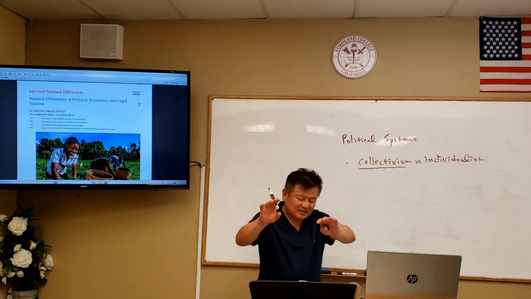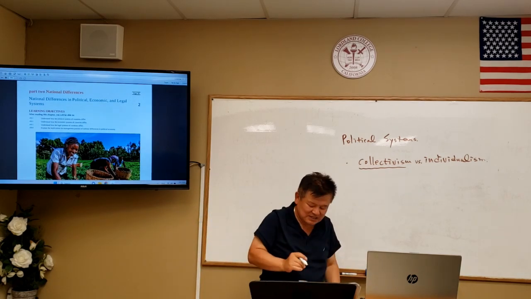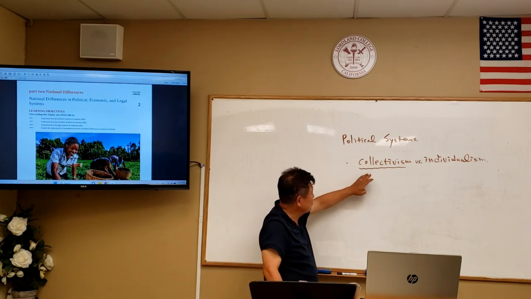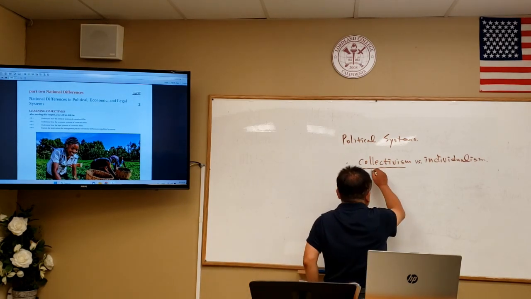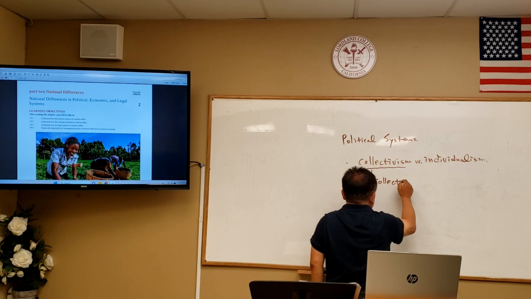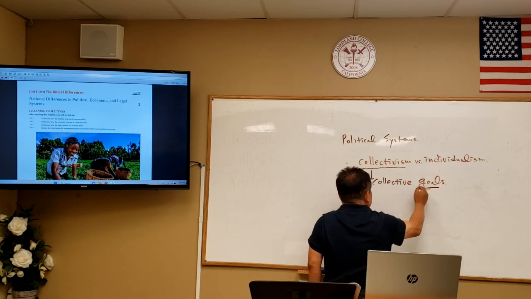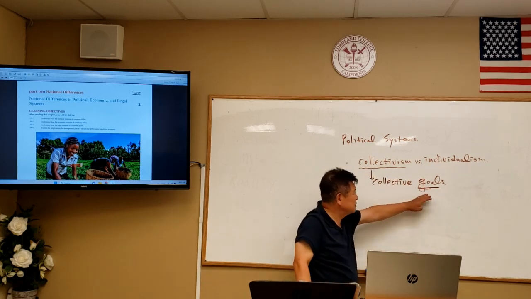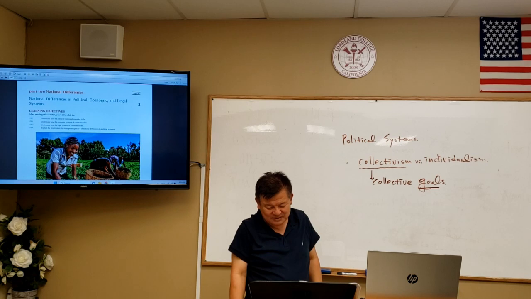Each individual wants or needs or pursues their own goals, but collectivism focuses on collective goals rather than individual goals. So most people want that, most people need goals, and we follow them. This is collectivism. When collectivism is emphasized, the needs of society as a whole are generally viewed as more important than individual freedom.